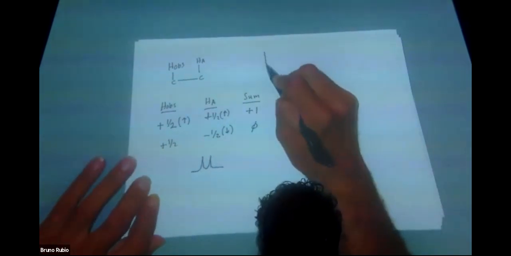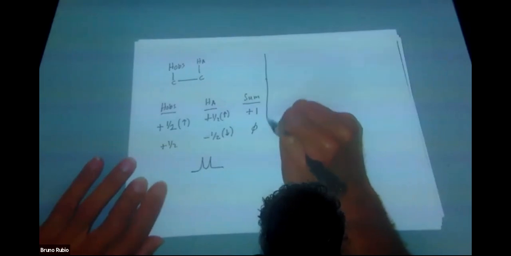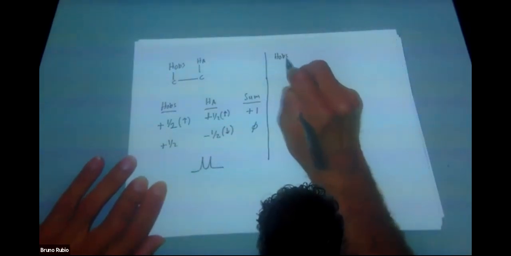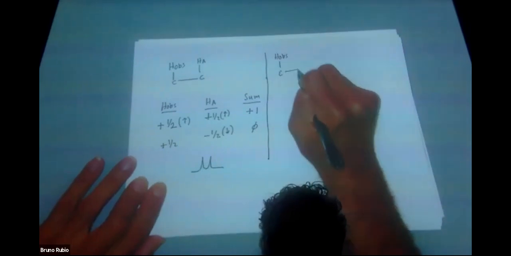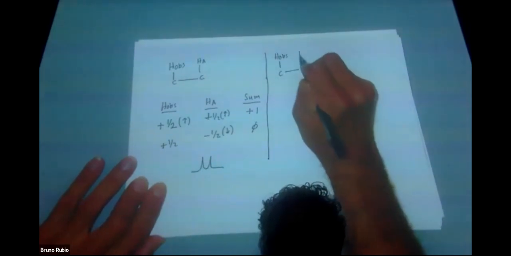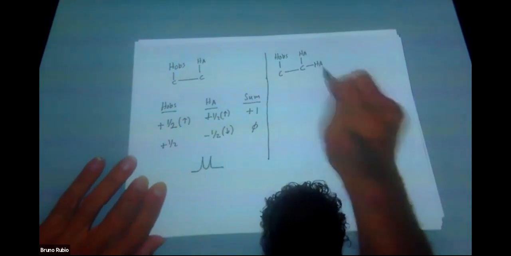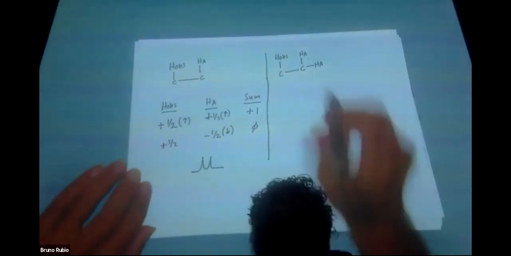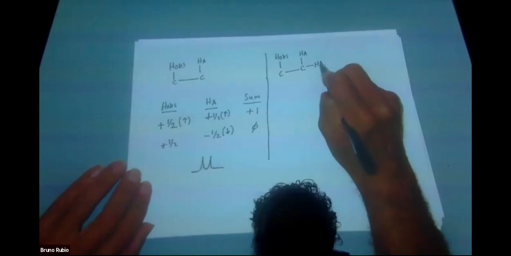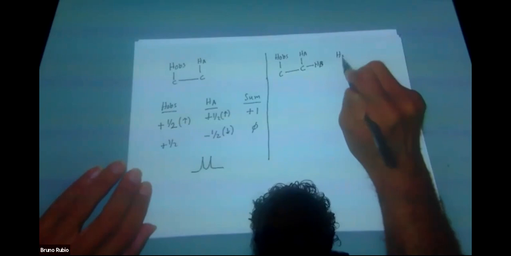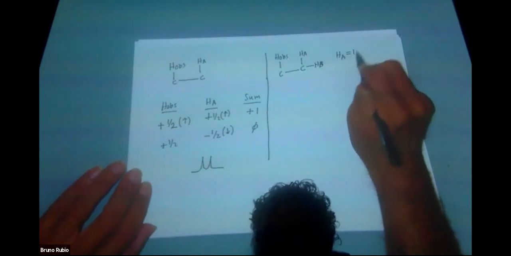All right, so now let's make this character table for another situation. That will be the observed proton. And this time I'm going to put the observed proton 3 bonds away from two other protons. Let's call them HA and HB. But in this situation, let HA equal HB, right?